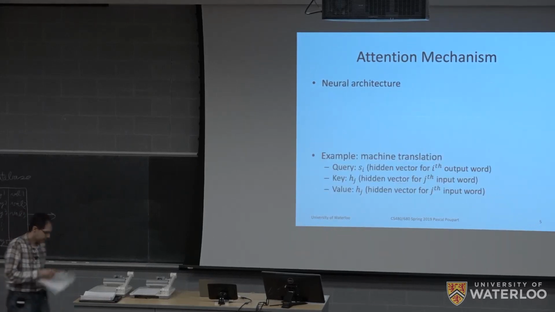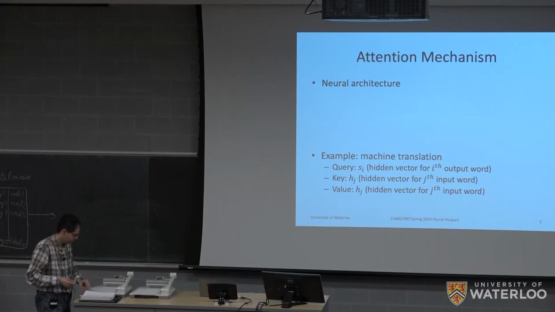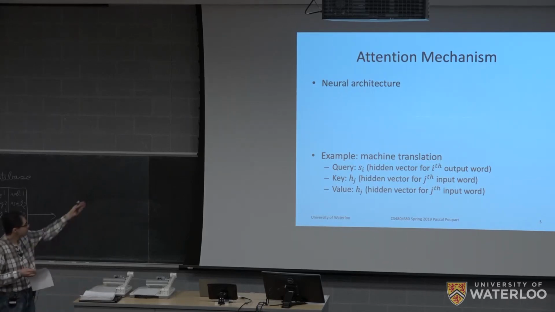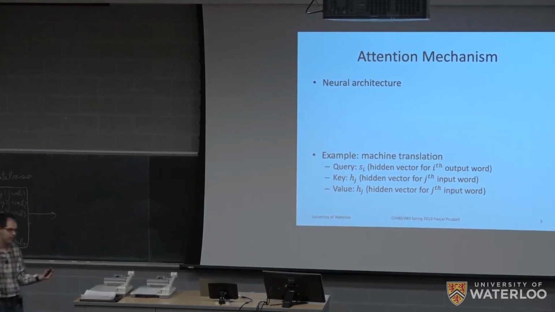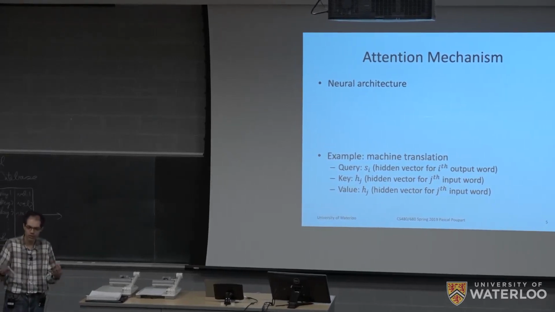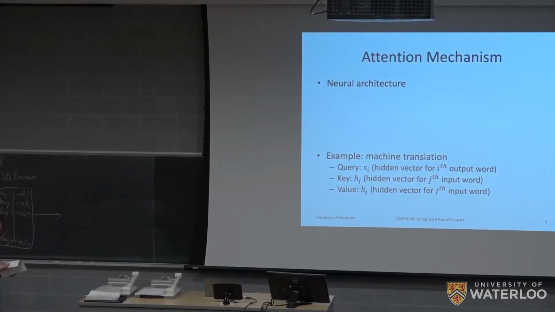Okay, so let's draw now a neural architecture that will correspond to this attention mechanism. So it's going to be essentially the same as what we've seen already in the context of machine translation, but now we're just going to make it domain agnostic. So you're going to see more generally what attention really corresponds to.